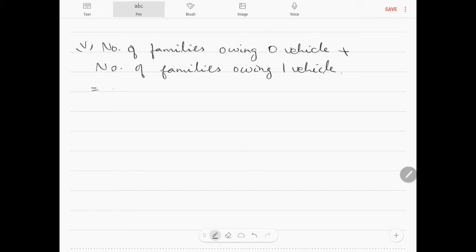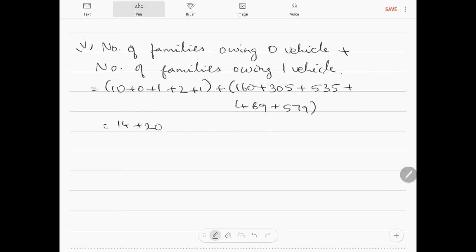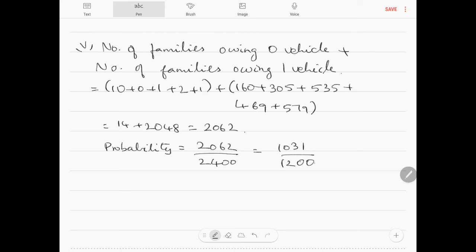From the table we have it as 10 plus 0 plus 1 plus 2 plus 1 plus 160 plus 305 plus 535 plus 469 plus 579, which is equal to 14 plus 2048, which comes to 2062. So the probability will be 2062 divided by 2400, which is equal to 1031 by 1200.